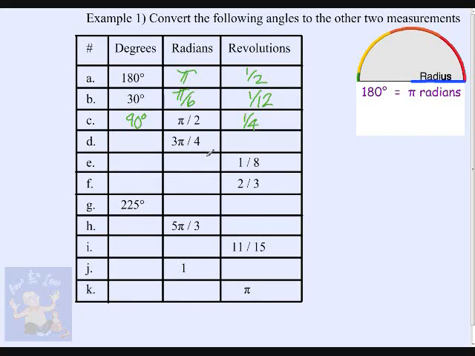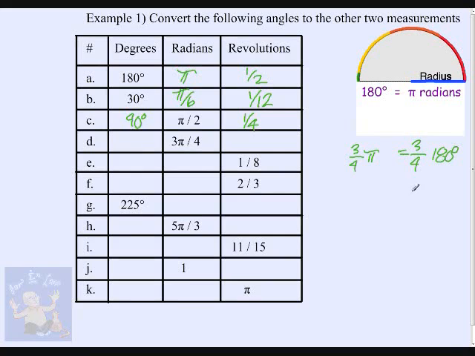Now suppose I do 3/4 of pi radians. Well, 4/4 of pi radians takes me to right here. So 3/4 of pi radians is going to take me right about here. How am I going to figure this out? Well, 3/4 pi is going to be equivalent to 3/4 of 180 degrees.